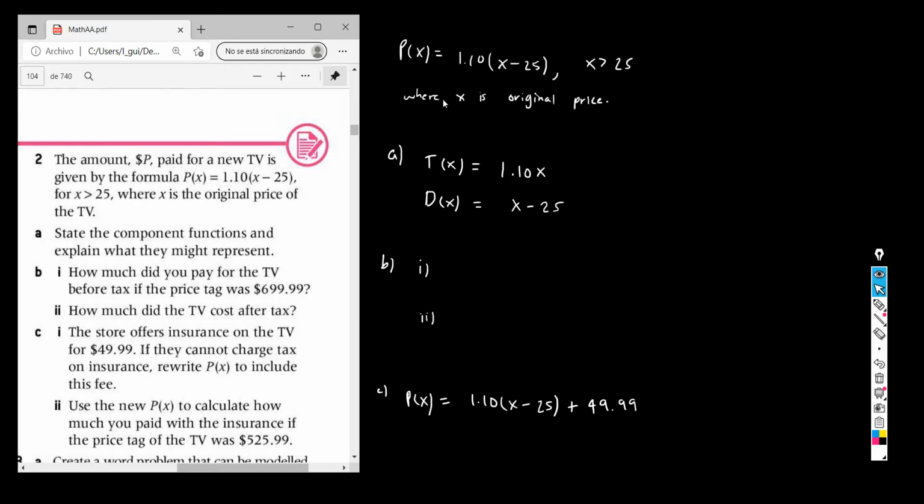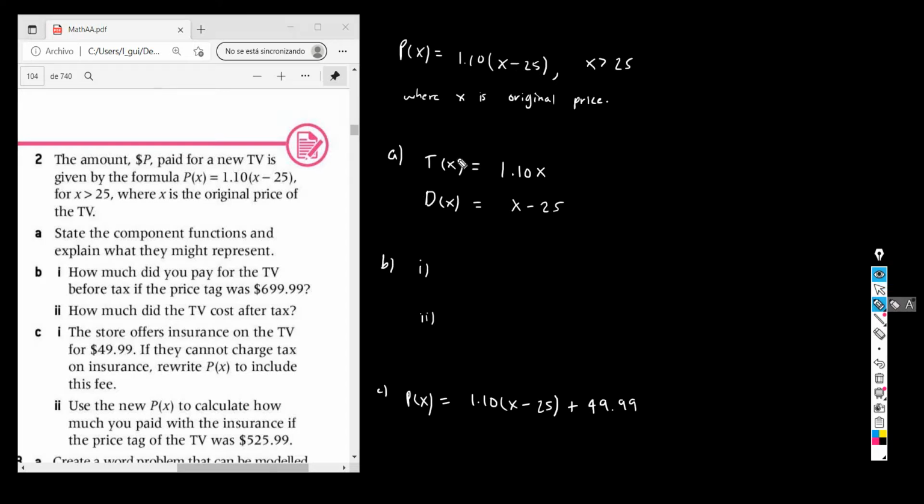Okay, so what they mean by stating the component functions, guys, is the component functions of this function. They could have been a little more explicit: state the component functions of P and explain what they might represent. This function is a composite function, if you notice.